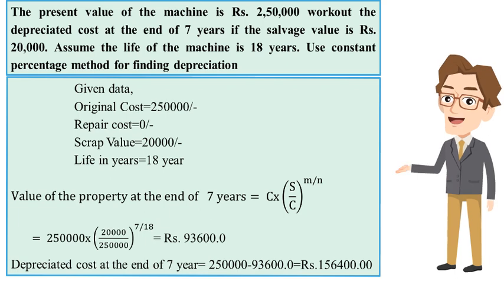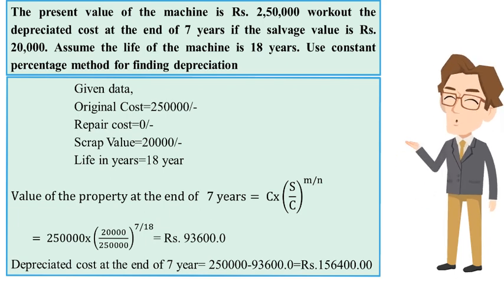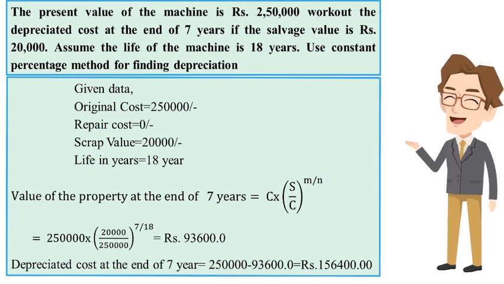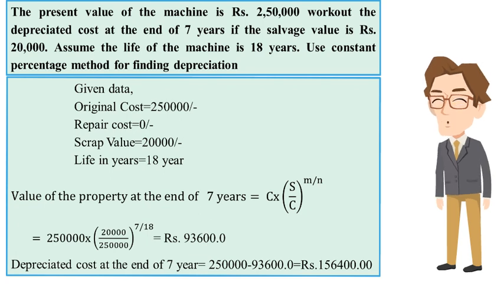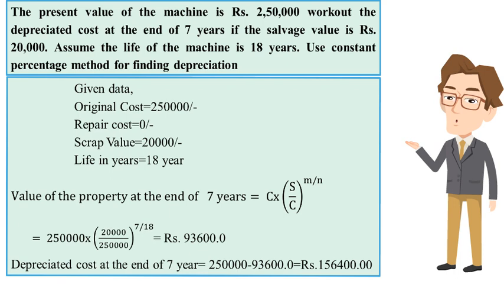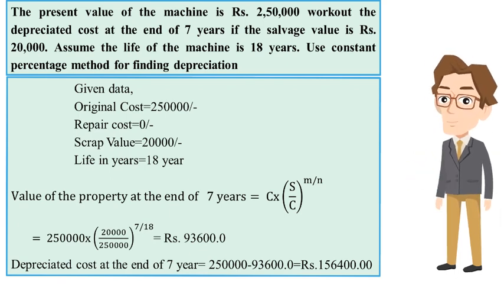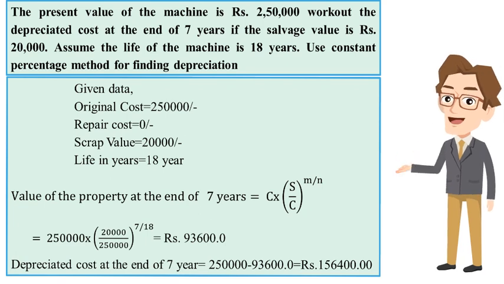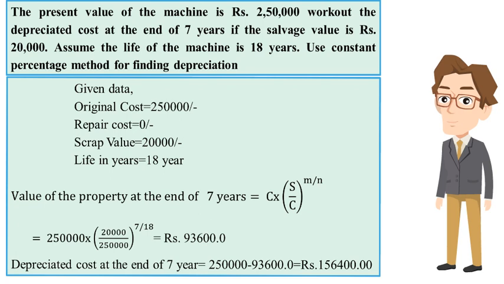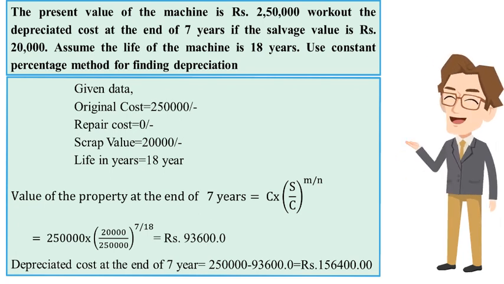Substituting the given values into the formula, we get 93,600 rupees. This means that the value of the machine after 7 years of depreciation is 93,600 rupees. Finally, we can calculate the depreciated cost at the end of 7 years by subtracting the value of the machine after 7 years from the original cost.